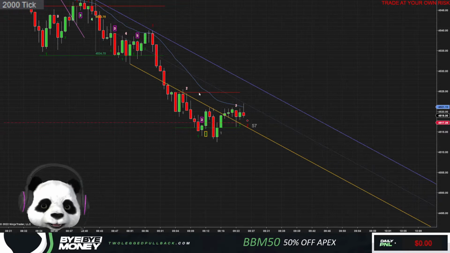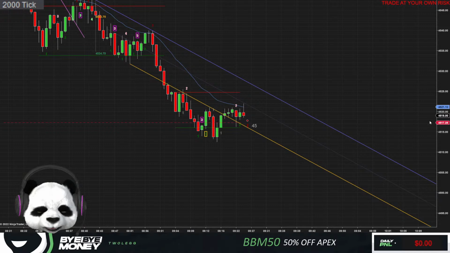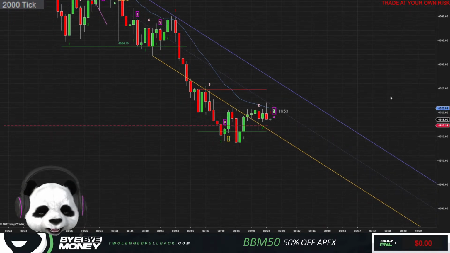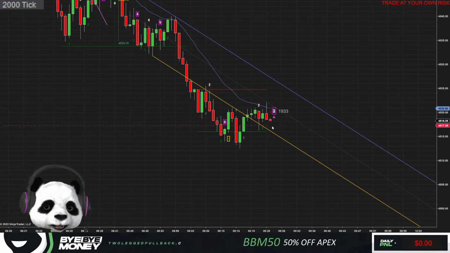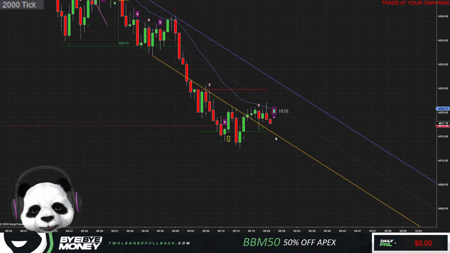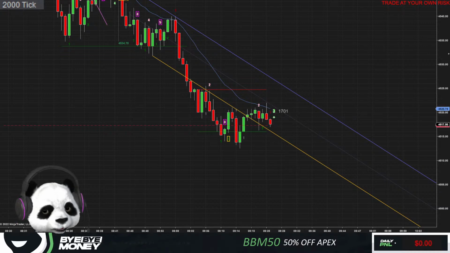We do have a two-legged pullback coming here off of the 20 EMA. I'm gonna sit on my pause here, and I'm gonna just let this play out. Honestly, I would look for basically any short at this point, but I'm gonna sit on my pause.